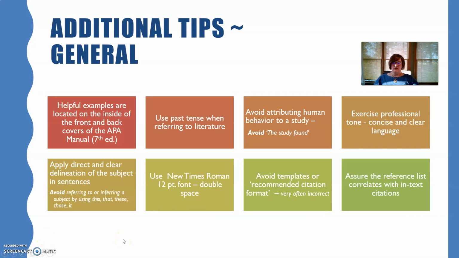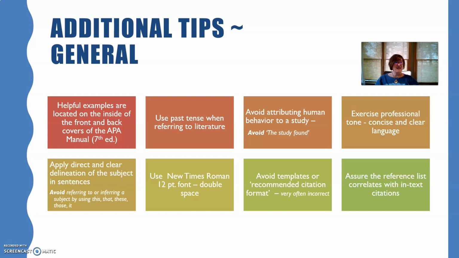So here are some general tips as far as the manual itself, and like I mentioned earlier, there are resources on the inside of the front and back covers. Always use past tense when you're referring to literature, because it's been done in the past. Avoid attributing human action to a study, so to speak.